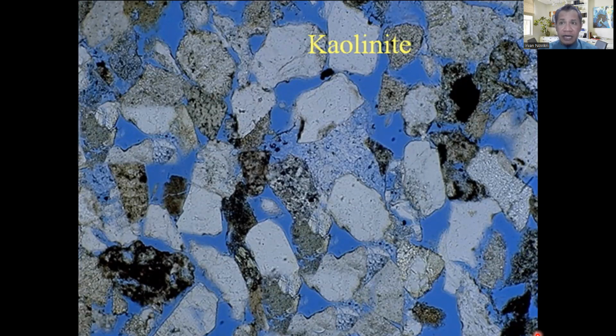This mineral can be identified within the pore system of a core sample and is known for its authigenic growth. When specifically mentioning kaolinite, a type of clay mineral, it is described as authigenic kaolinite, meaning it has grown in place within the pore system of the rock.